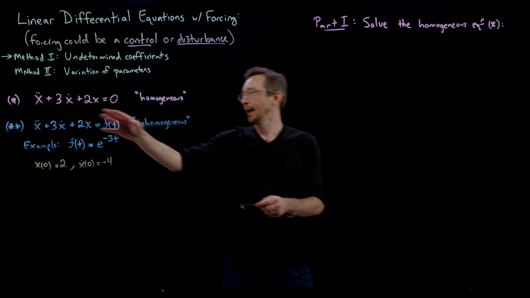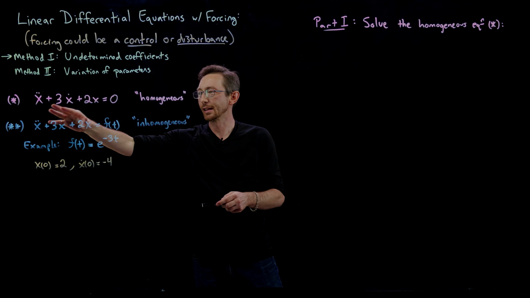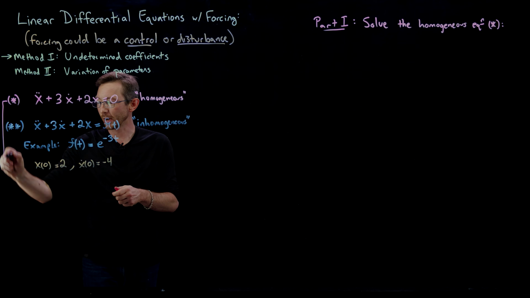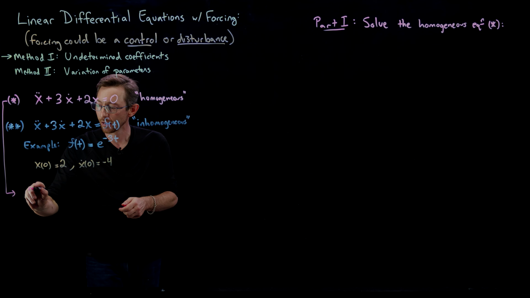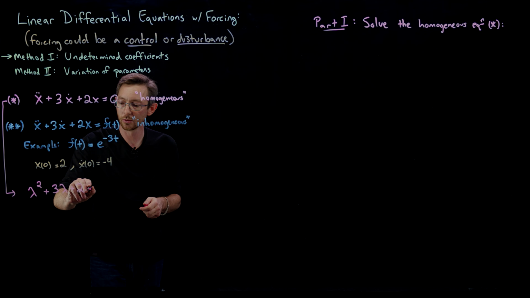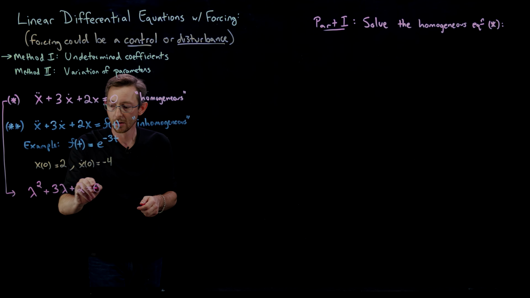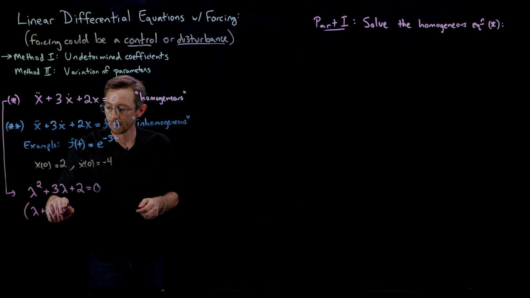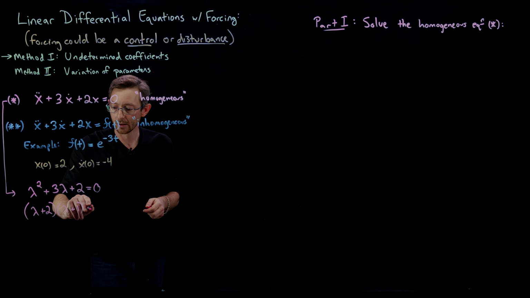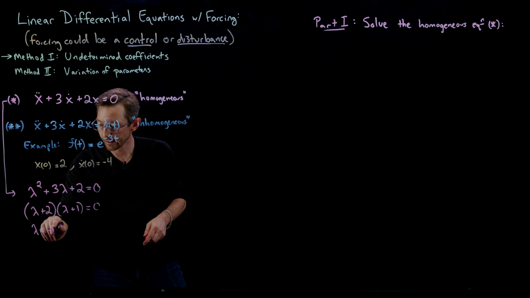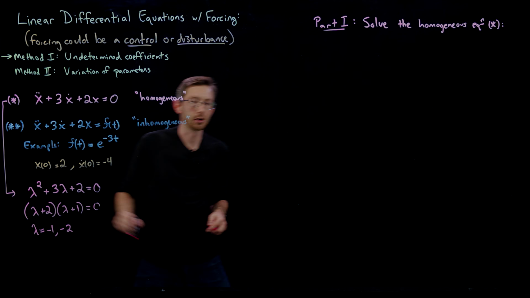And so we kind of know what the solution of this is. I can compute, maybe I'll just write down the characteristic equation. It's lambda squared plus 3 lambda plus 2 equals 0, which implies that lambda plus 2 times lambda plus 1 equals 0. I'm just factoring this out. And so lambda equals minus 1 and lambda equals minus 2 are my eigenvalues.